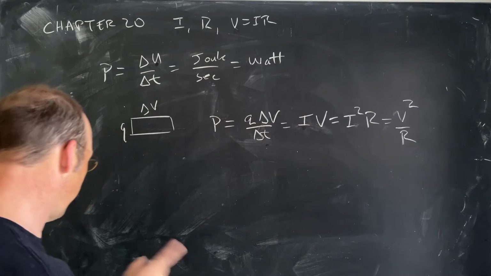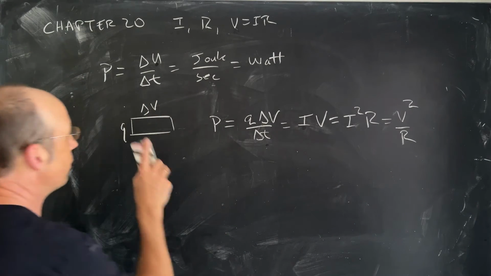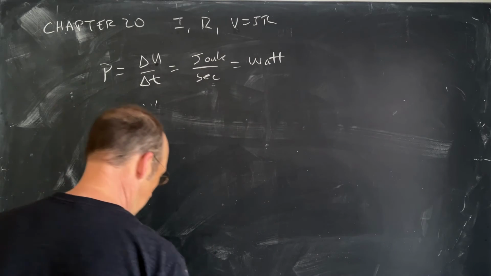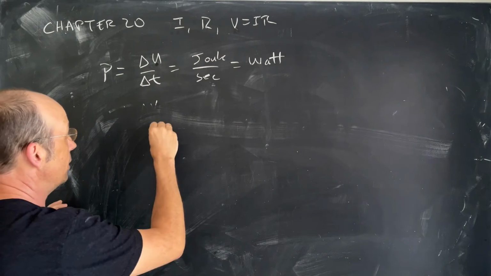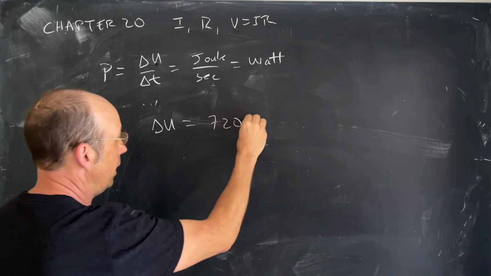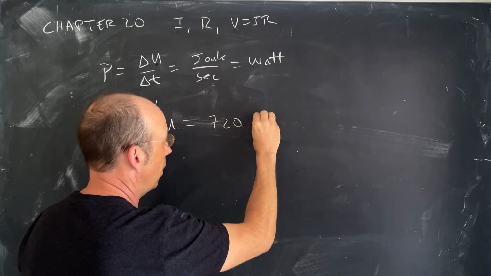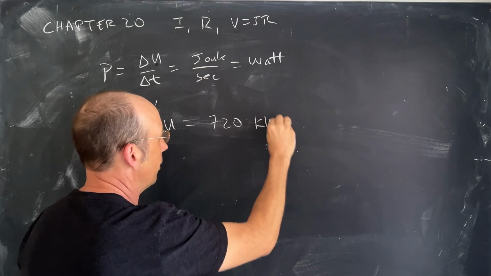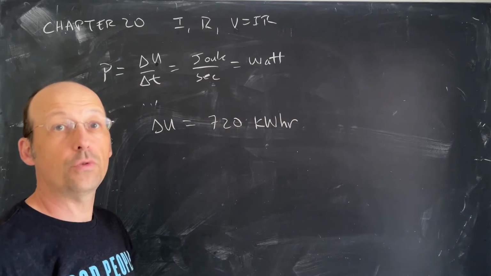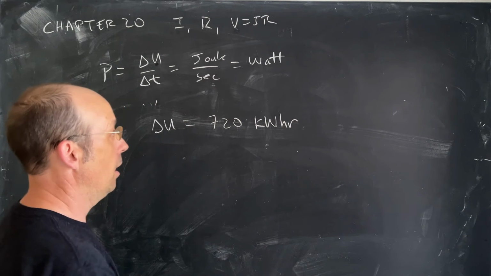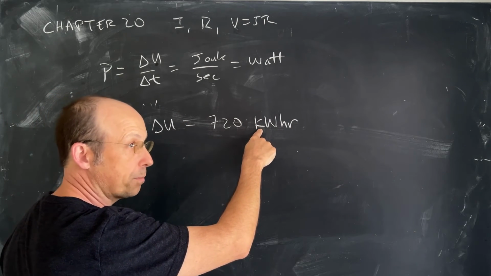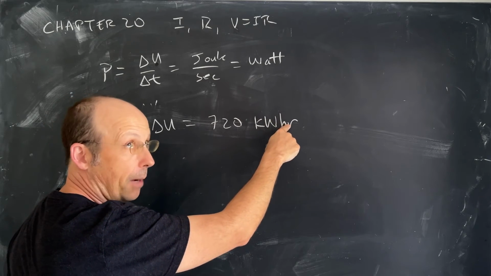This comes to something really important. If you look at a battery and it has a label on it, it'll say something like delta U is 720 kilowatt hour. I'm making up a number here. That is a unit of energy, okay? Because a kilowatt is watts, which is joules per second, and I multiply it by time, I get energy.